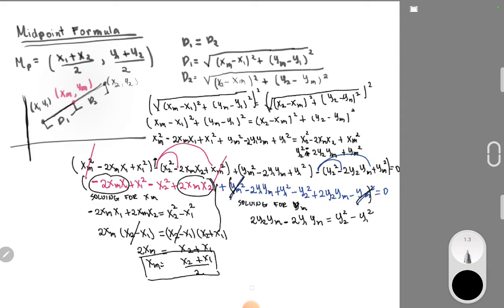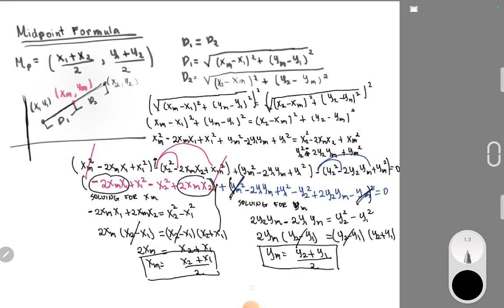Next is to factor out my 2ym, so y2 minus y1 is equal to, factoring the difference of two squares, y2 minus y1 multiplied by y2 plus y1. So from here I will have my ym, which is equal to, cancel out my y2 minus y1, y2 plus y1 all over 2.